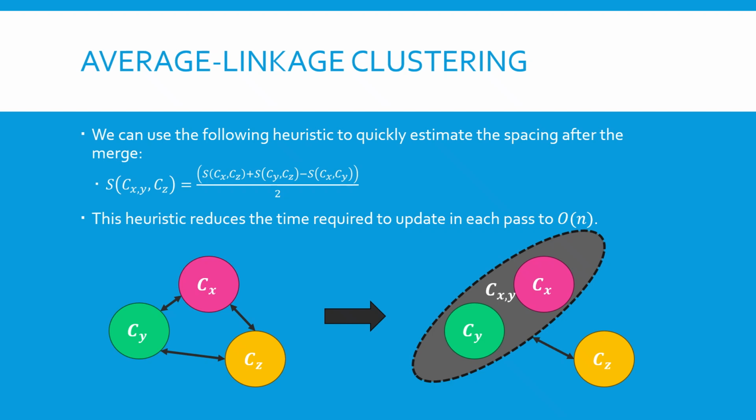Geometrically, this approximation behaves like measuring the distance between the centroid of Cxy and the centroid of Cz. With this heuristic, updating all spacings after each merge takes only O(n) time instead of O(n cubed) time.